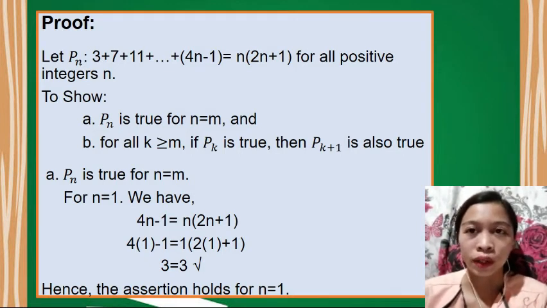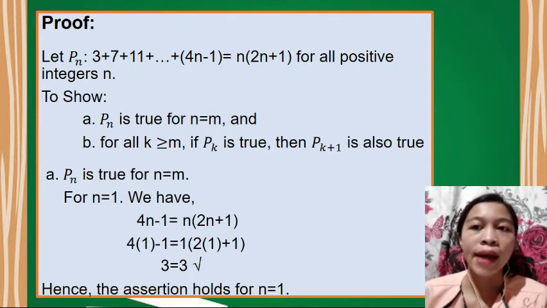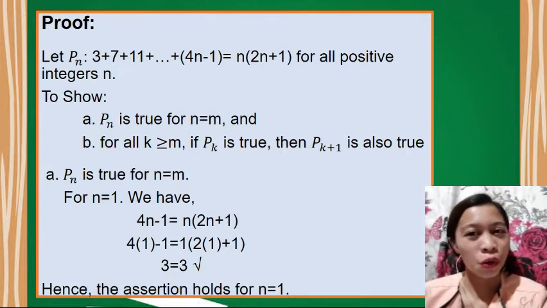So we let that one be P(n). And we need to show first, P(n) is true for n equal to m, and for all k greater or equal to m, if P(k) is true, then P(k plus 1) is also true.